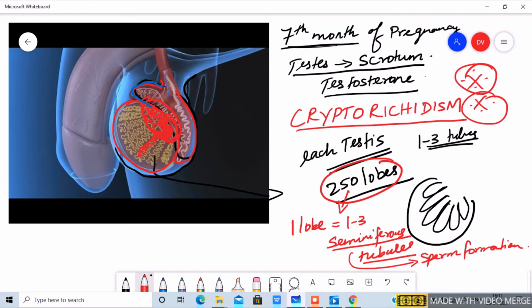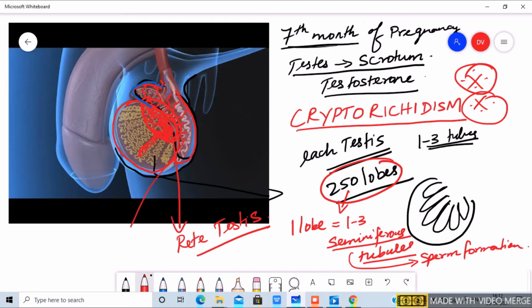That network is known as the rete testis. The rete testis is attached to the epididymis through some tubes like this.